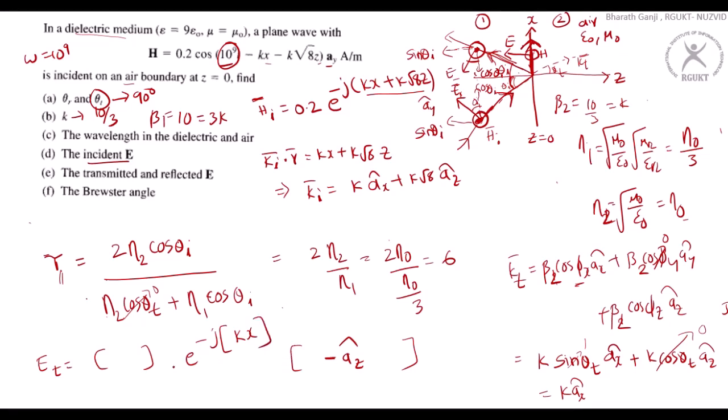And what is the transmitted component? It is nothing but the transmission coefficient into the magnitude of your incident wave. What is the magnitude of your incident wave? That is 0.2 eta naught divided by 3, and you put the transmission coefficient, which is 6 here. So if I do that, this becomes 2, which is 0.4, so this becomes 0.4 times this.